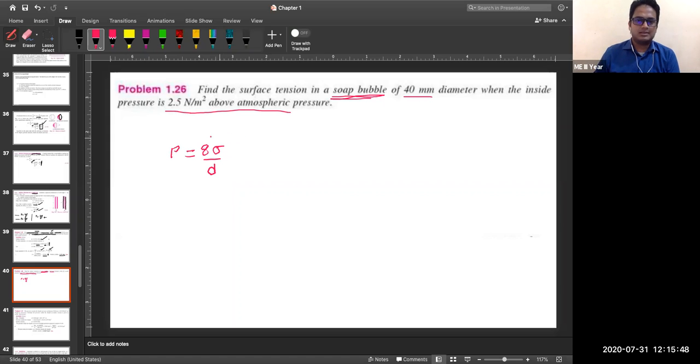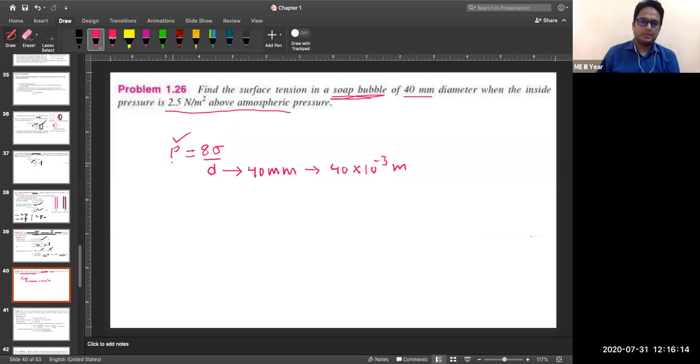This inside pressure P is given. This diameter is also given, 40 mm. So you have to convert this into meters. So it will become 40 into 10 raised to the power minus 3 meters.